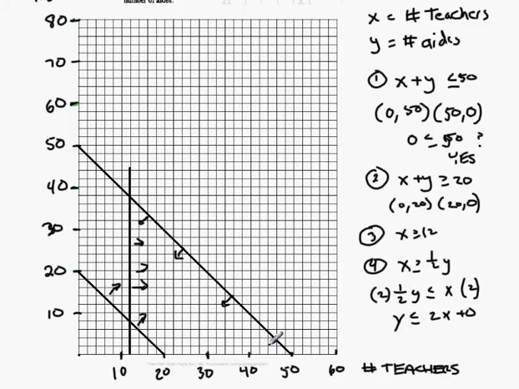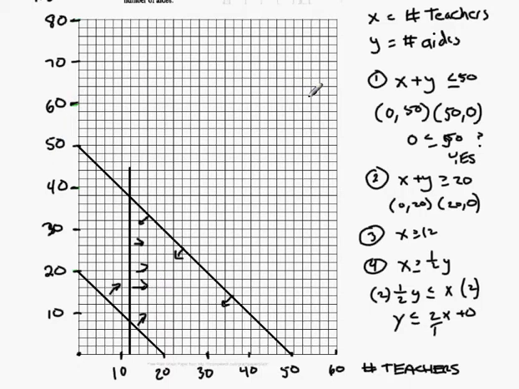So I'm going to be crossing the y-axis at 0, and I have a slope of 2. So I'm up 2 over 1, or I could go up 60 over 30.